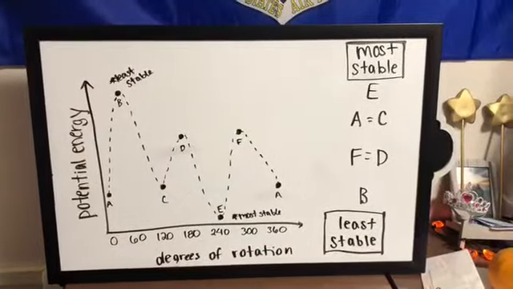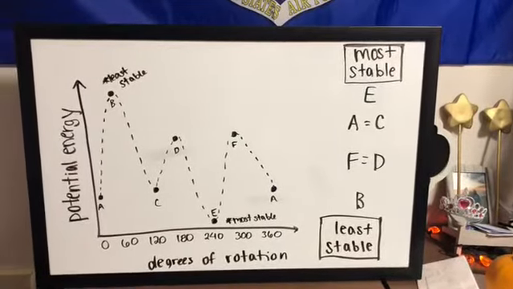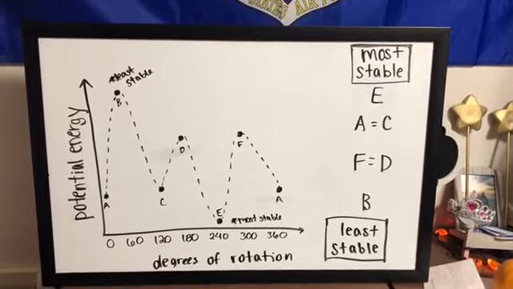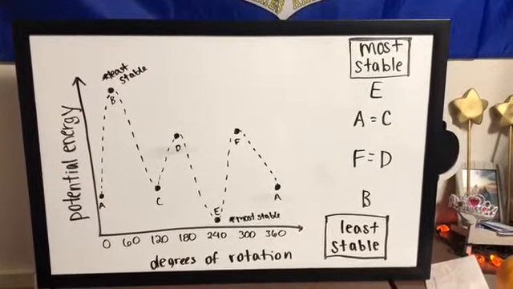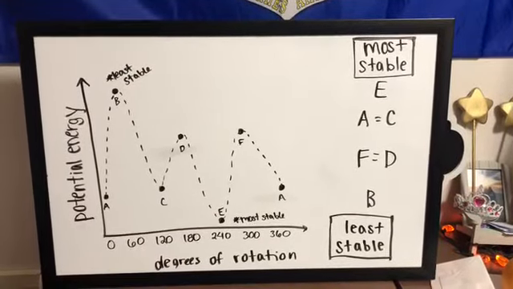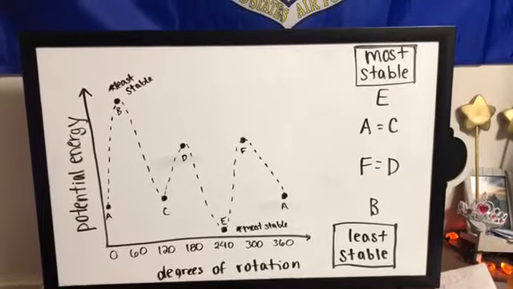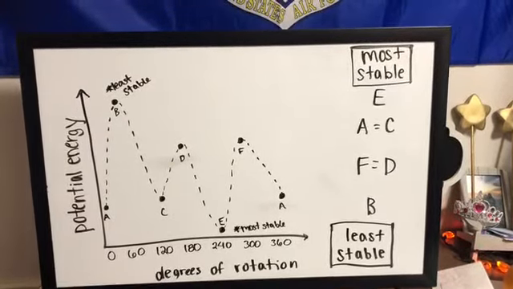Here is our potential energy chart for this Newman projection. As you can see, the lowest potential energy is the most stable, so that's E, and if you look at our listing on the right, you can see that E is supposed to be the most stable. Our least stable is B, and that corresponds to the right as well, because that one's so high up there. A and C are both equal, the next most stable.